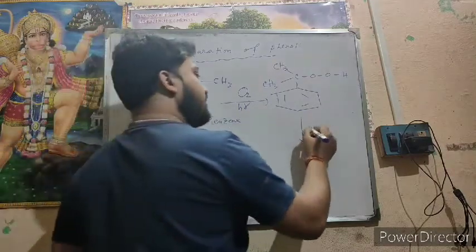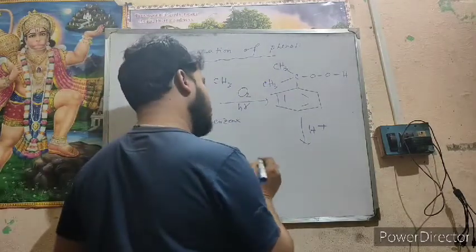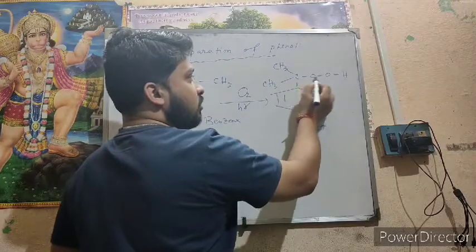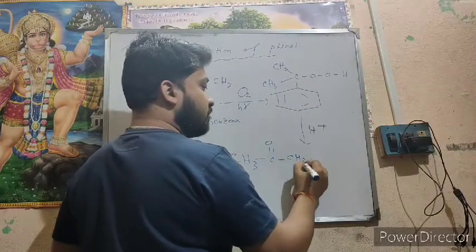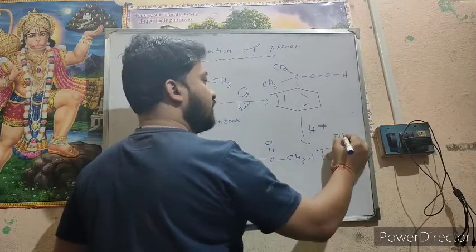Then you acidify it. Through this acidification, you get as a side product the ketone CH3COCH3, that is acetone. You get acetone as a side product, and with this reaction you get phenol.